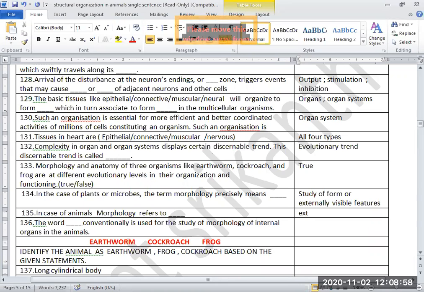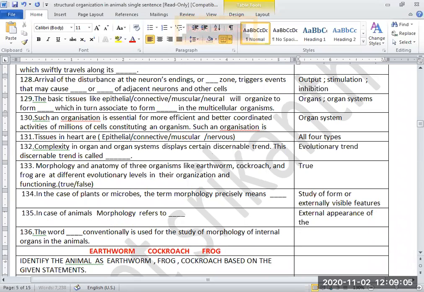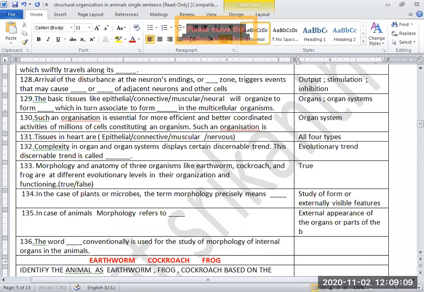Morphology in plants means study of form or externally visible features. Morphology in animals means external appearance of the organs or parts of the body.